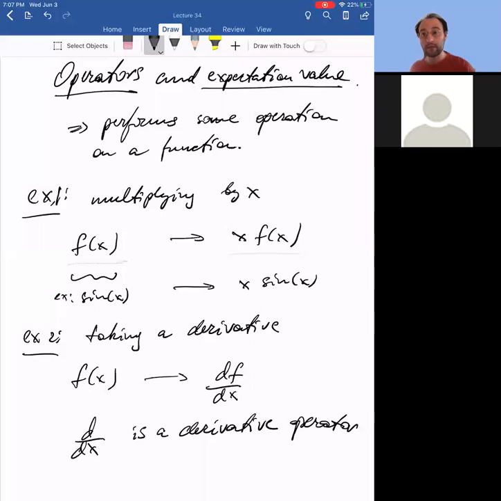Example 2, taking a derivative. Taking a derivative is performing an operation. You start with a function f, and it spits out the derivative of f. We say that this d/dx is a derivative operator, such that when it hits the function, it gives you a derivative of a function.